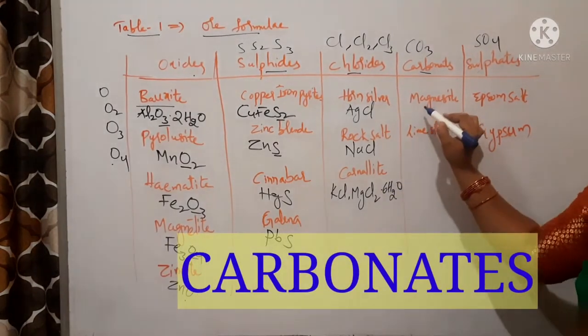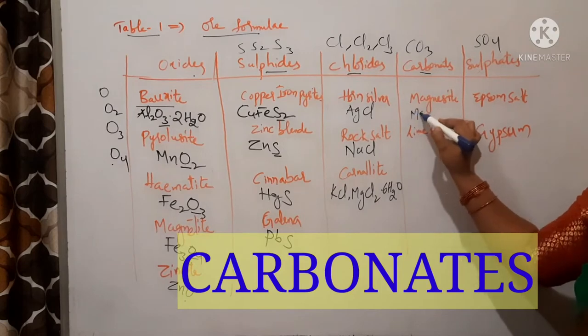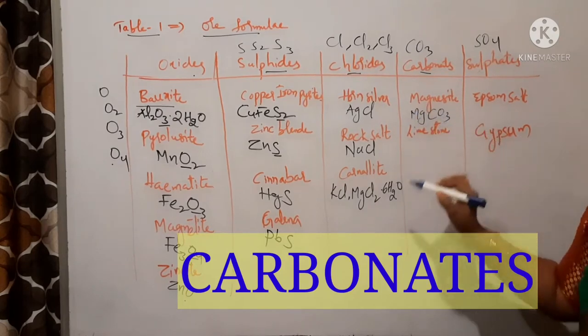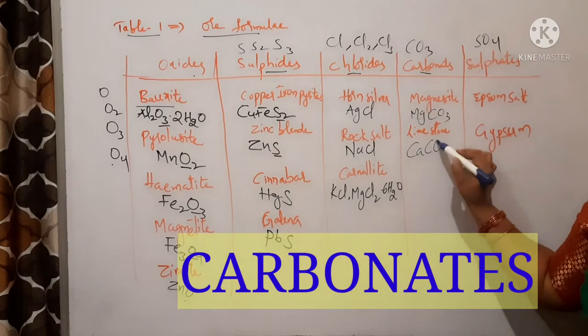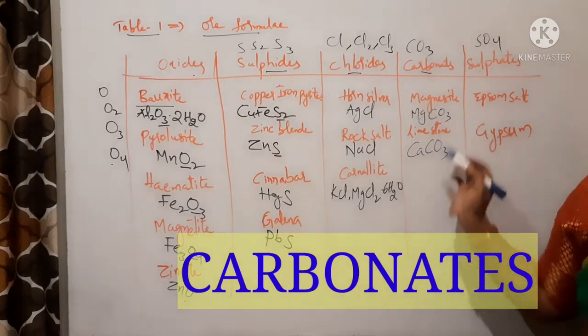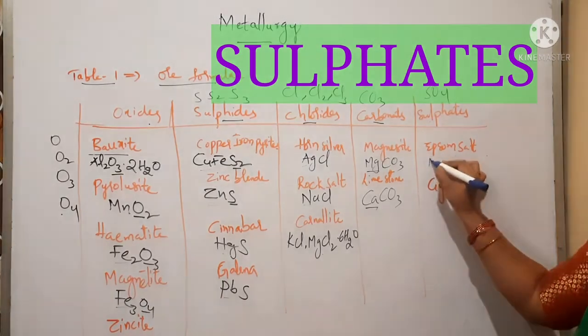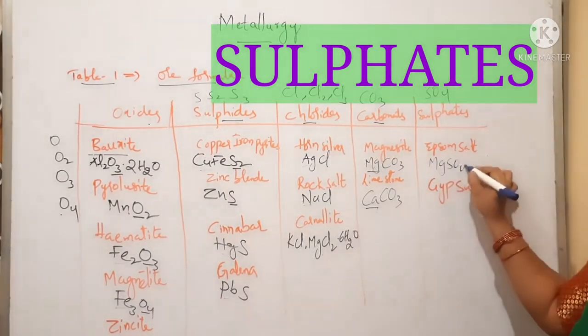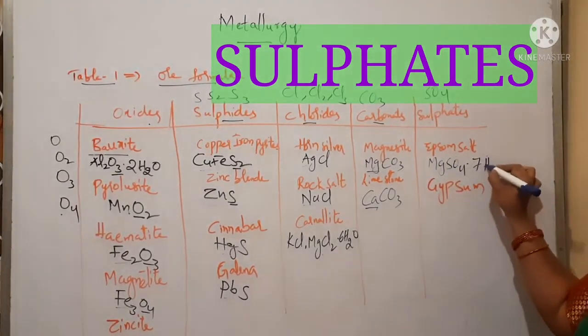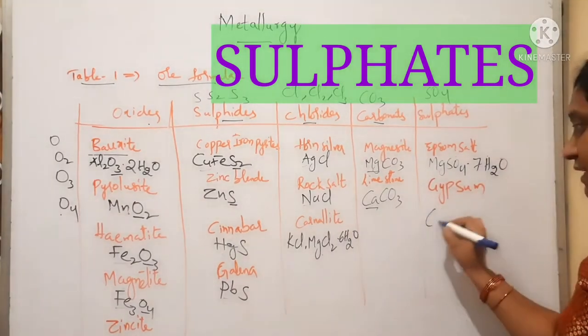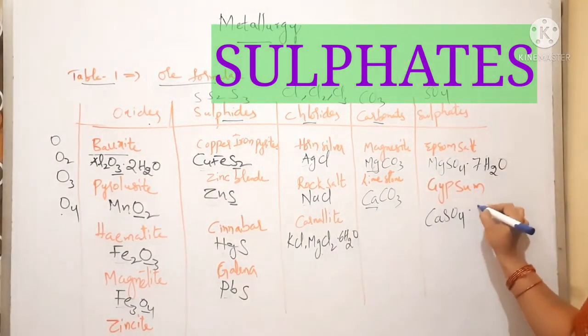And magnesite, which is a carbonate, its formula is MgCO3. Limestone, its formula is CaCO3. These two are carbonates. And sulfates are Epsom salt, whose formula is MgSO4.7H2O, and gypsum, whose formula is CaSO4.2H2O.